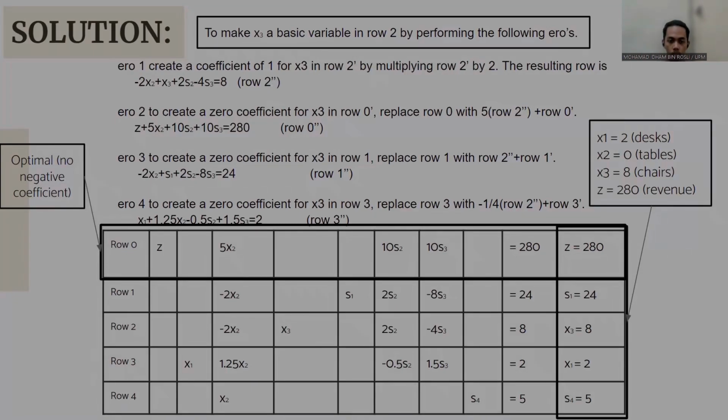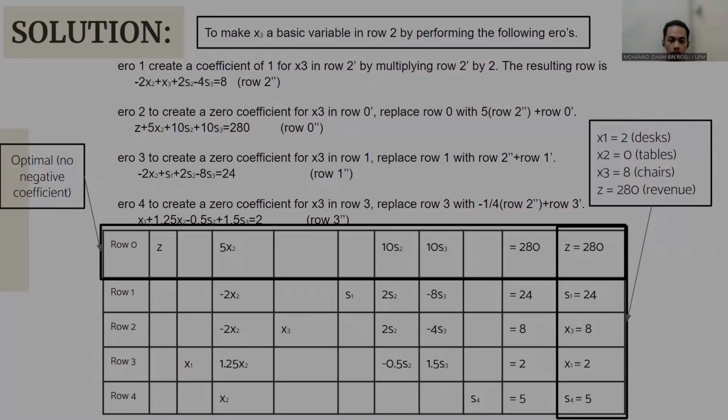Third, we create a zero coefficient for x3 in row 1 by replacing row 1 with row 2 double prime plus row 1 prime. Lastly, we create a zero coefficient for x3 in row 3 by replacing the row with row 2 double prime times 1/4 plus row 3 prime.